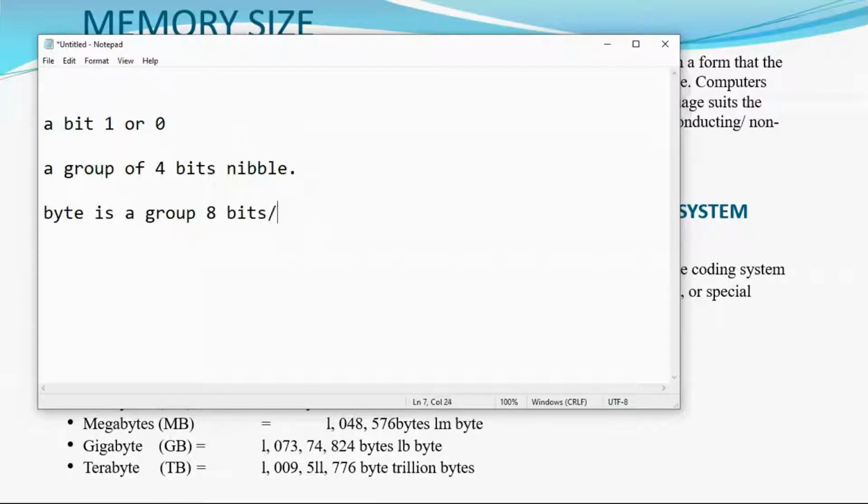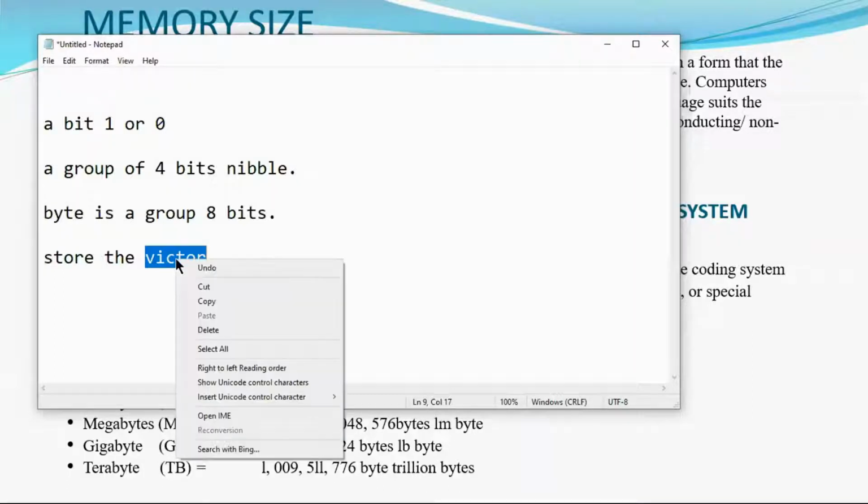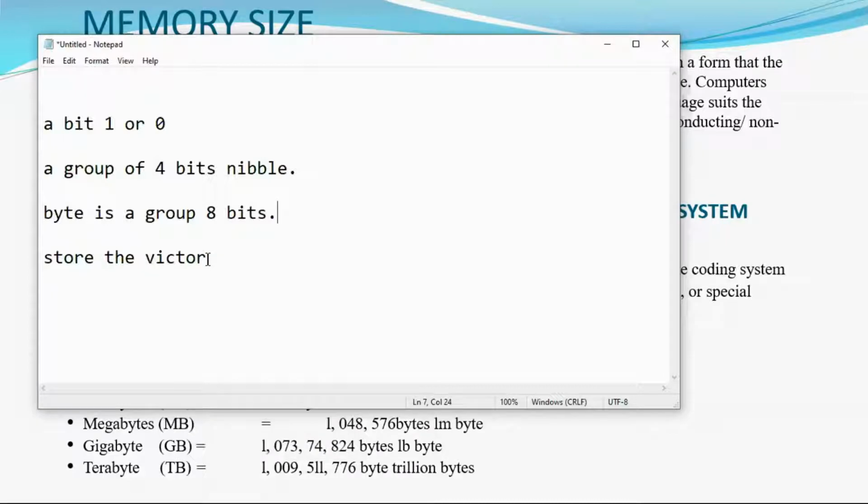Now, in order for us to convert from one form to another, we must understand, for example, if you're asked to find how much space is needed to store the name Victor, and we have said the 8 bits represent a character. The 8 bits represent a character.